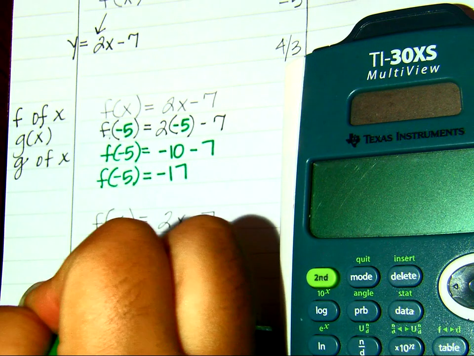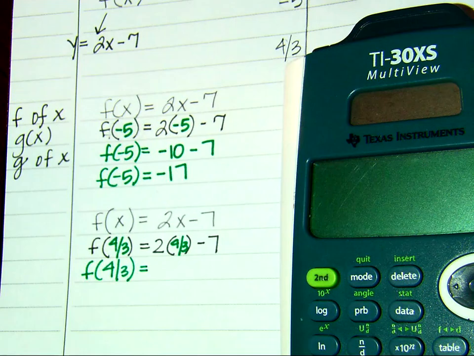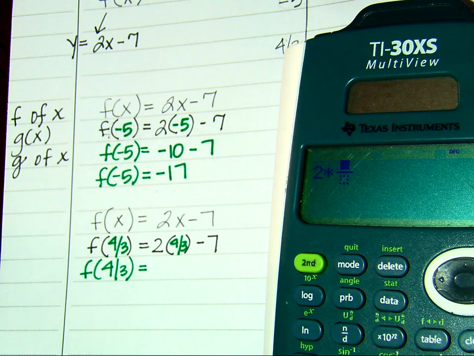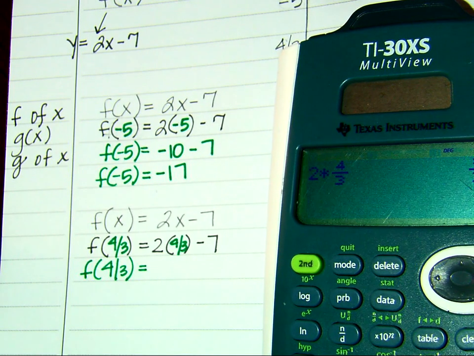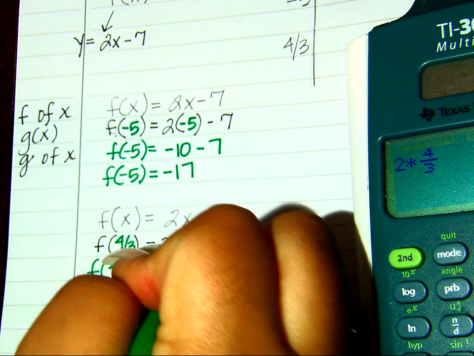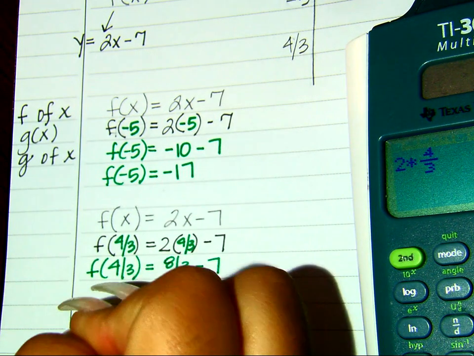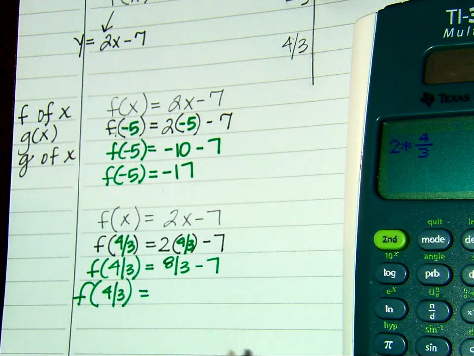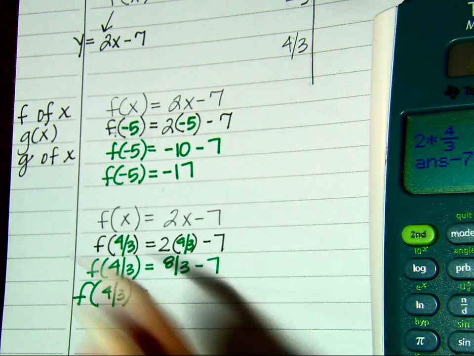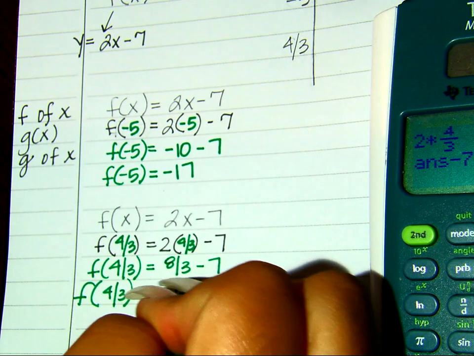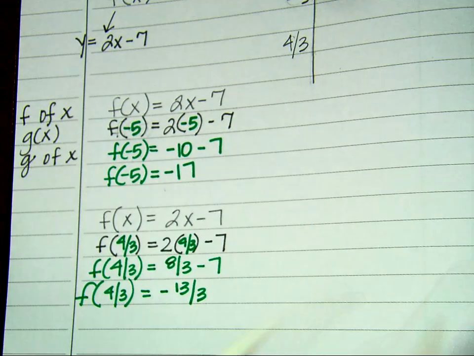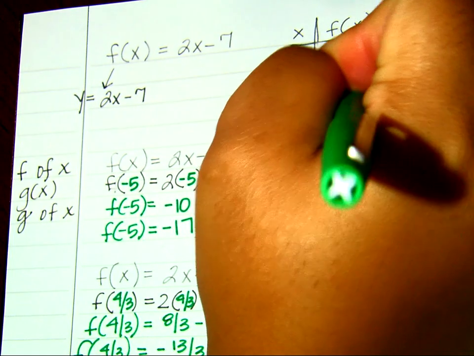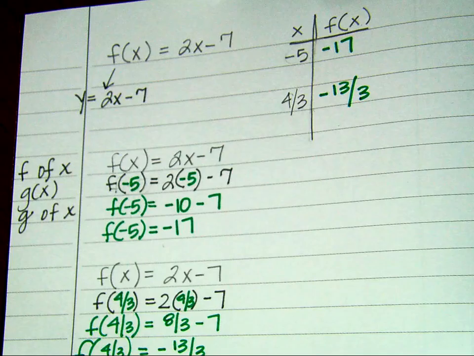So the function of 4/3 equals 2 times 4/3, which equals 8/3, minus 7. 8/3 minus 7 is -13/3. So up here, I'm going to put my f of x as being equal to -13/3.